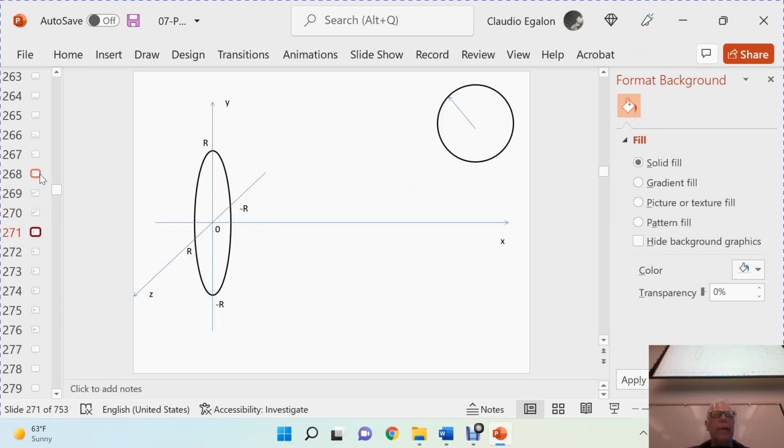We're going to do the case of a ring distribution of radius r, net charge q. That's what we have to write down.